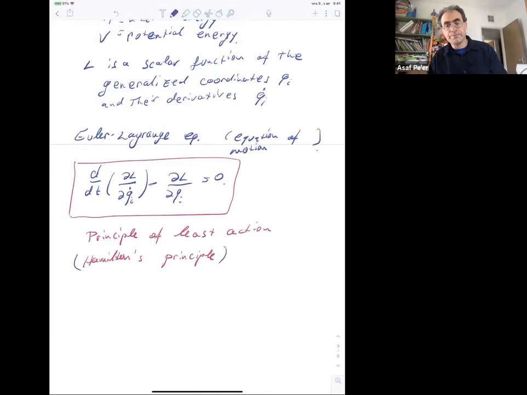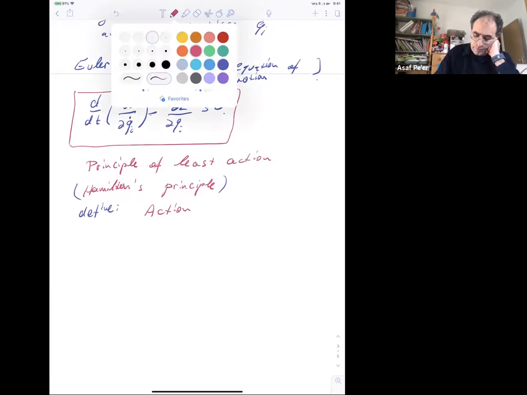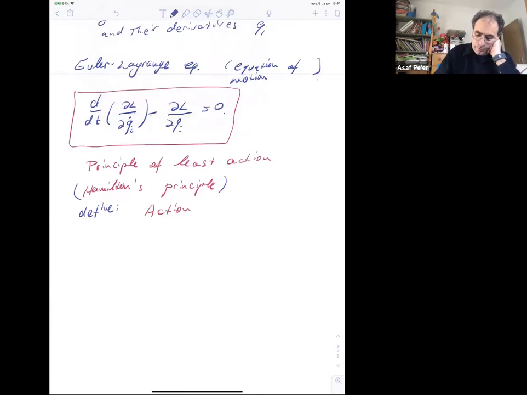Which, using the quantity which is known as the action, S is the integral from t1 to t2 of L dt, right?